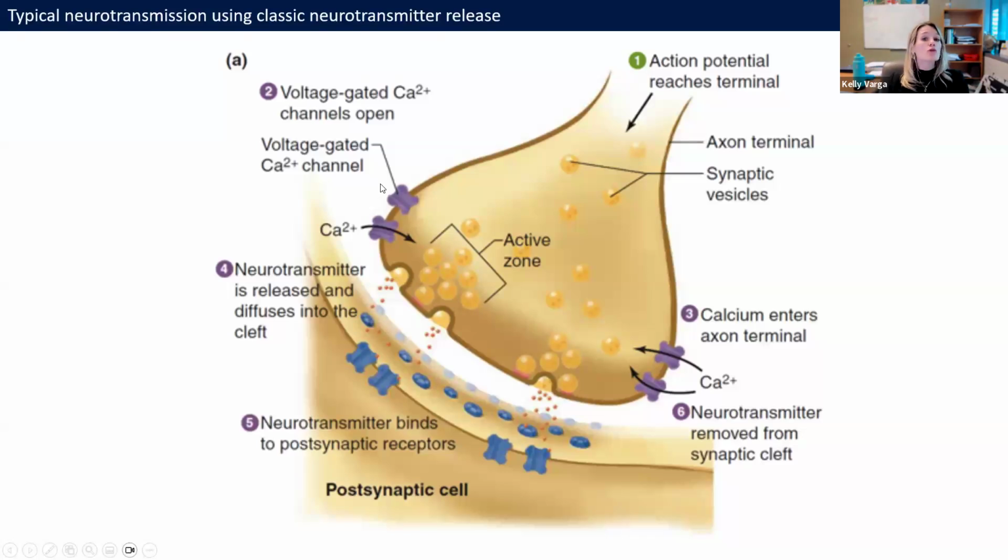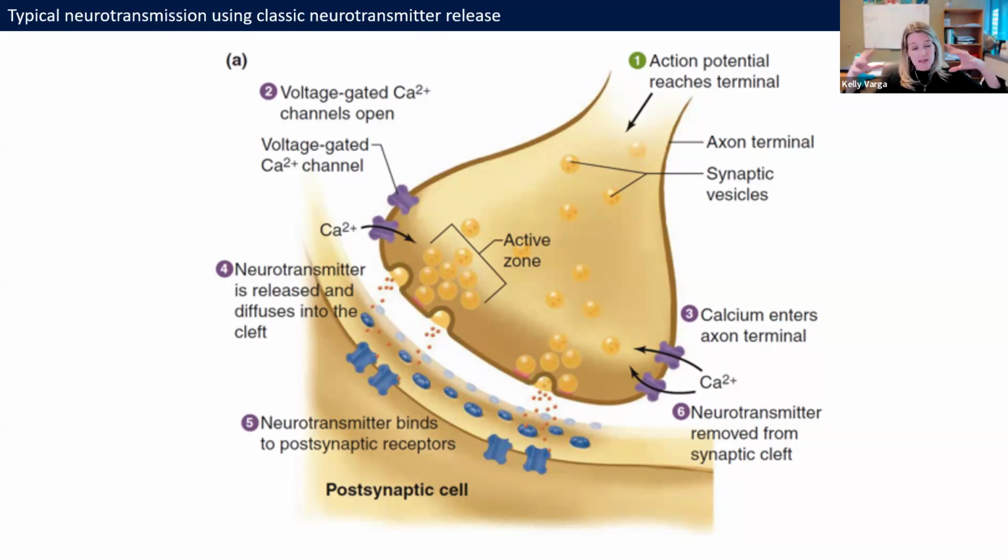It doesn't matter what is going to increase the voltage, as long as I hit the threshold from minus 70 to minus 40, minus 50-ish, my voltage-gated calcium channels are now going to open, and I'm going to send in a massive influx of calcium.